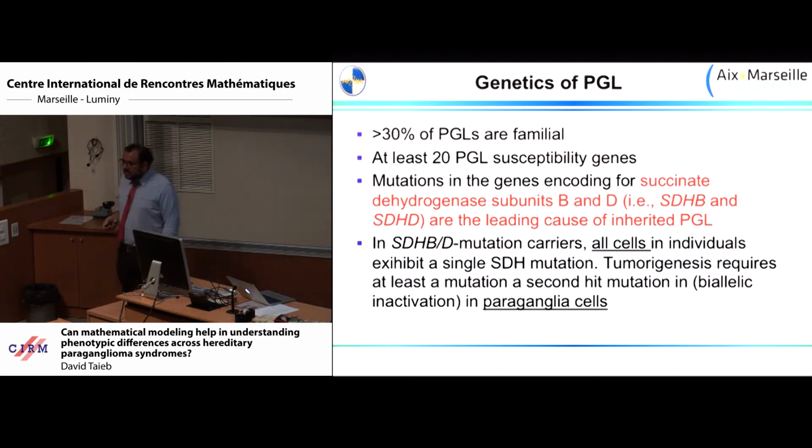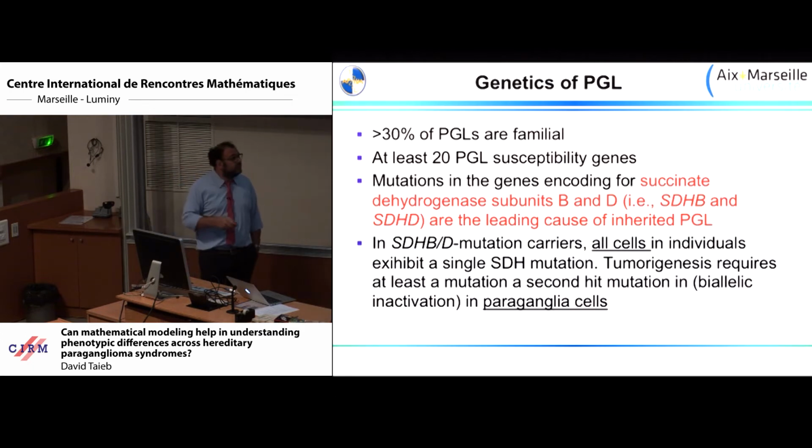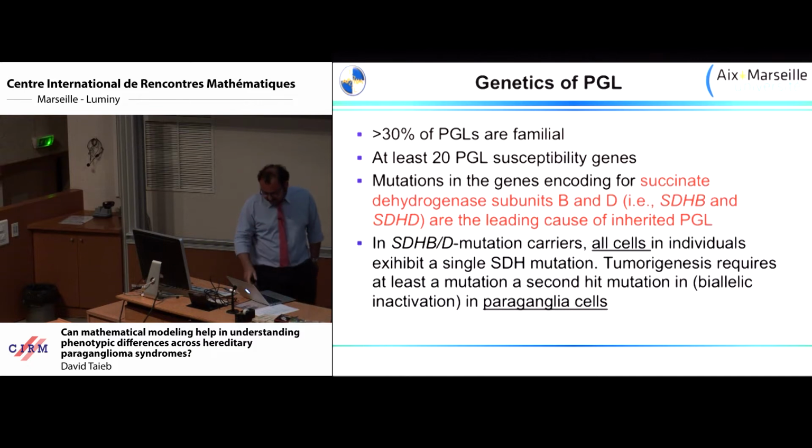What occurs in patients with an SDHB or SDHD mutation? In these patients, all the cells are mutated with a single gene mutation, which is inherited from the parents. But tumorigenesis requires at least a second hit mutation in the second allele, so it's a biallelic inactivation of the gene that will lead to tumorigenesis.